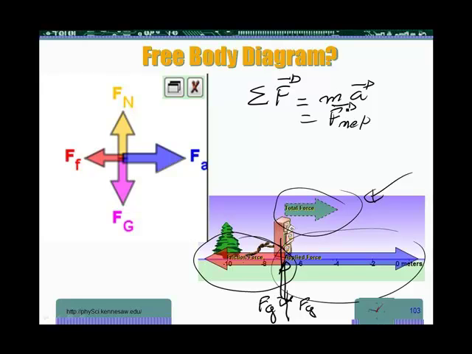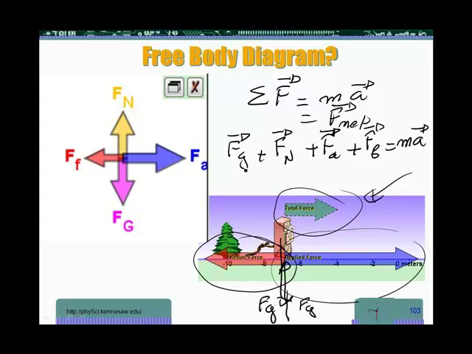Now, in this case, these forces are going to be Fg, the gravitational force, the normal force, Fn, plus the applied force, I'm going to just label it F sub A, plus the friction force, F sub F. The sum of all of these is equal to ma.